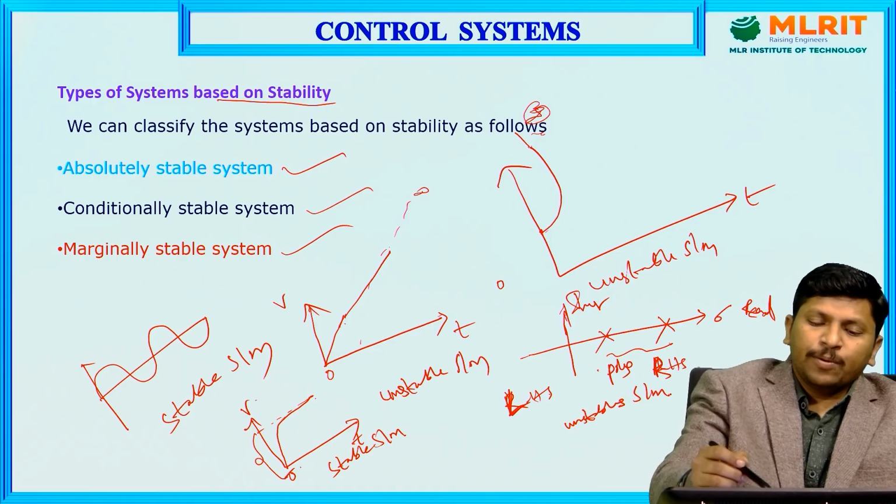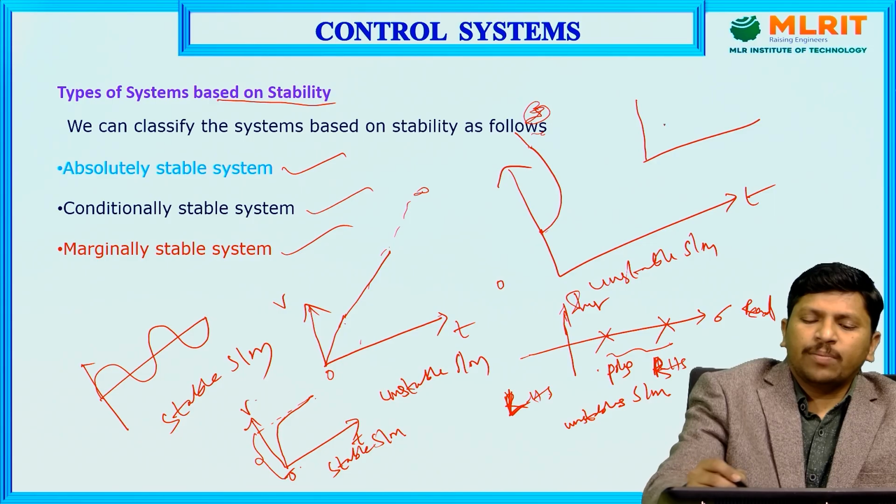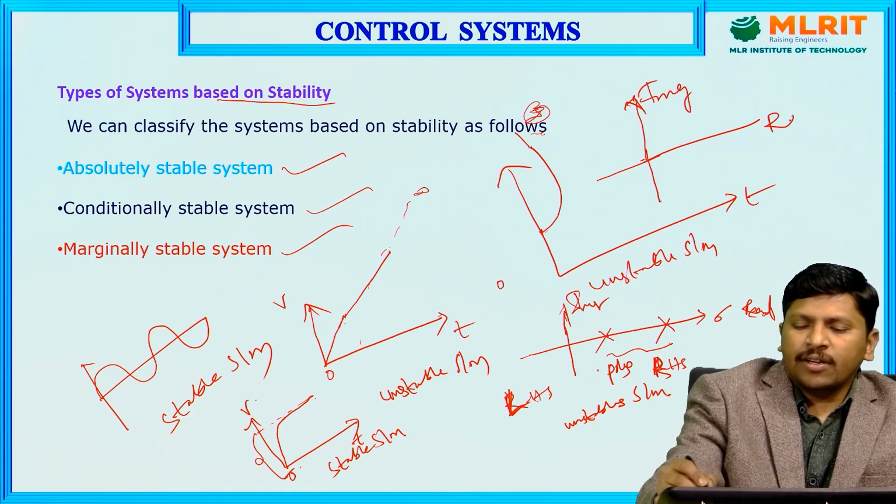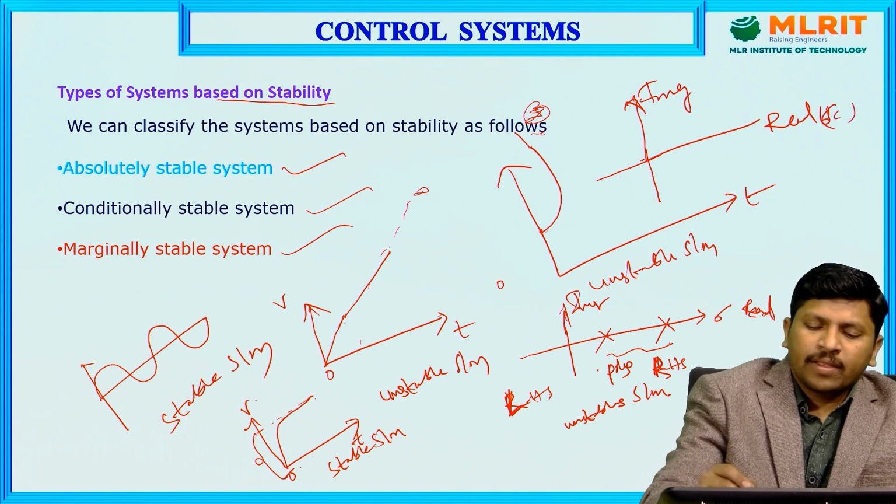For example, poles are present in the left half of the S plane. This is the imaginary axis and here is the real axis, sigma. For example, poles are like this, P1 and P2.